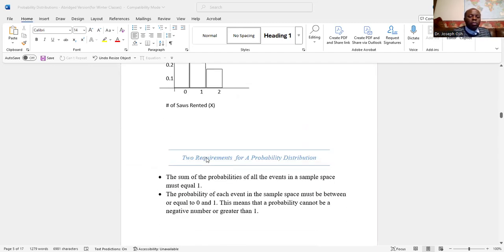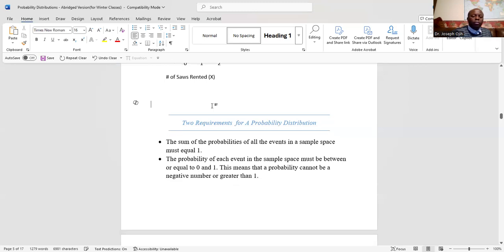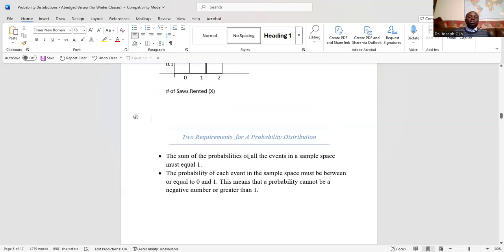Now, at this point, we're going to review the 2 requirements for a probability distribution. The first requirement is that the sum of the probabilities of all the events in the sample space must equal 1. Look at the first example we did.